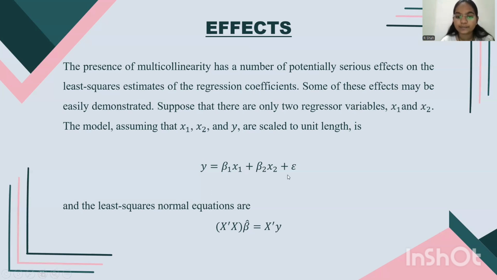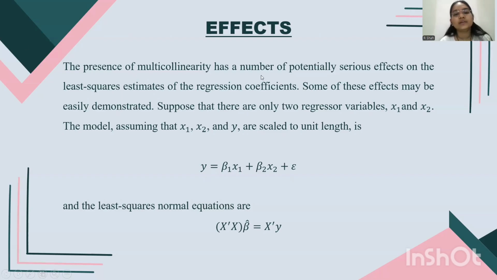Here you can see the beta not term is not present, right? Unit length means we take the normal form, we normalize it. So we can say that the beta not term has disappeared from here, right?